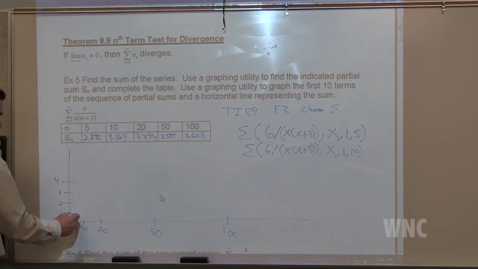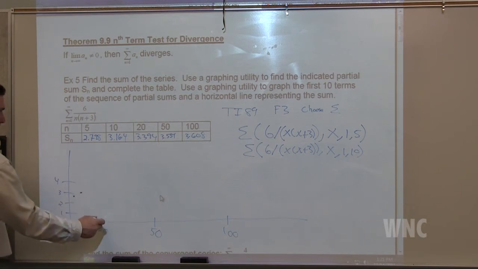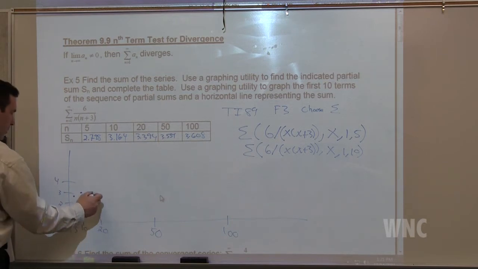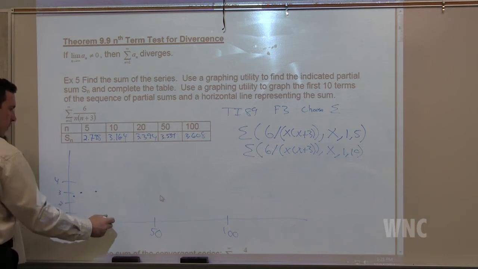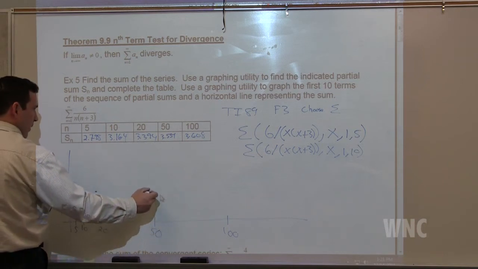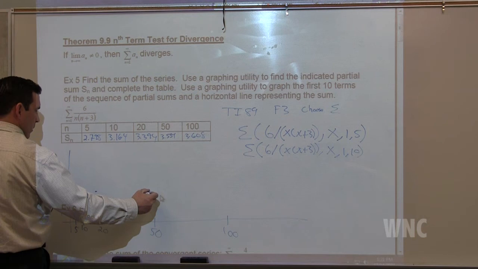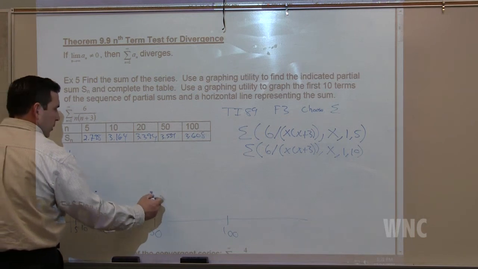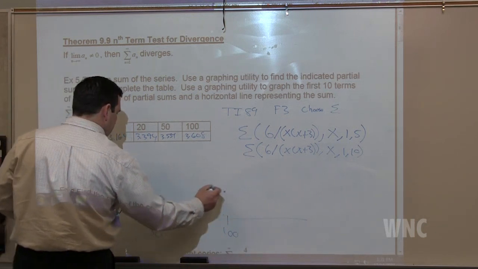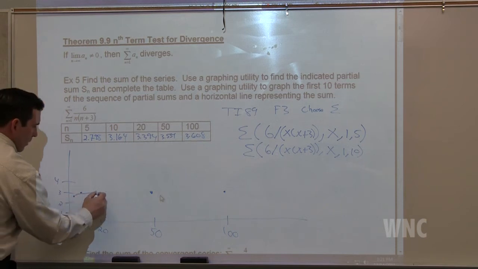Okay, so 5 corresponds to 2.798. 10 corresponds to 3.164. 20 corresponds to 3.394. 50 corresponds to 3.554. 100, 3.608. So we definitely see it's kind of leveling off here.